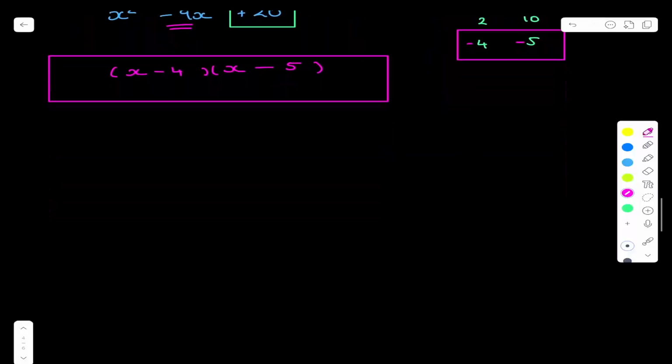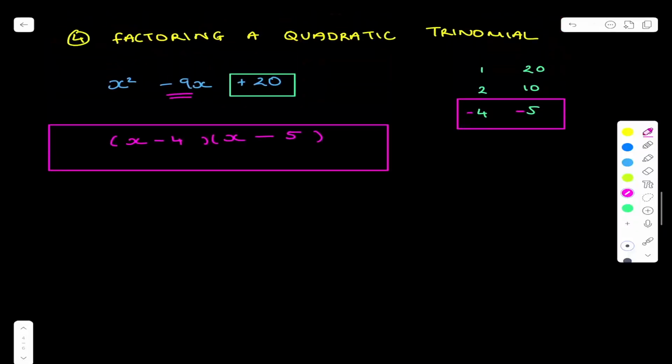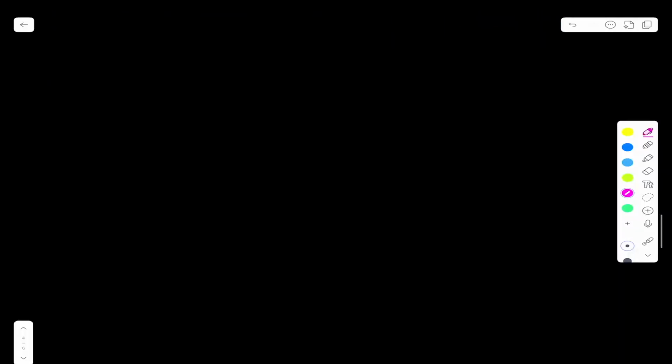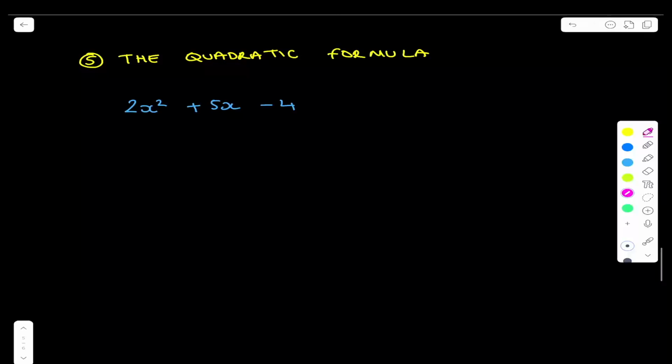Well done if you got that correct, or even if you didn't, hopefully it makes sense now and you're feeling good. Okay, last question. Using the quadratic formula, let's see if we could factorize this. Well, this is nice.